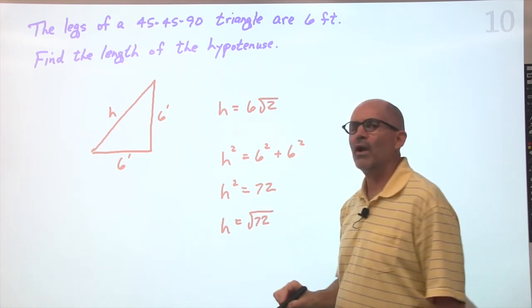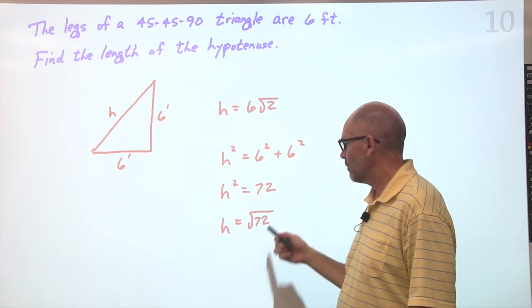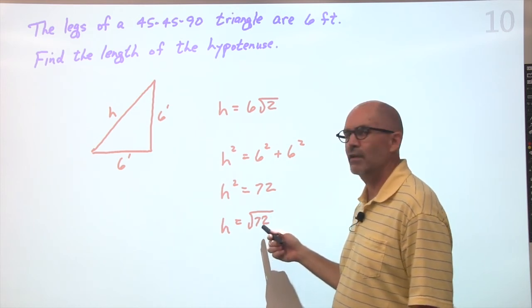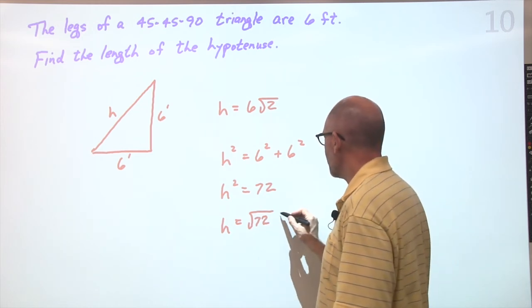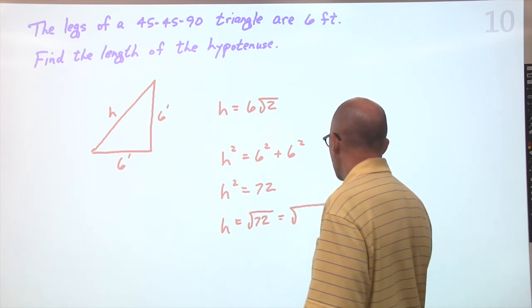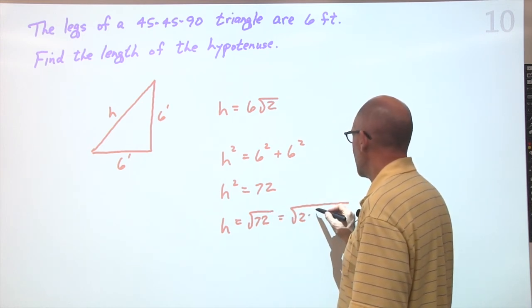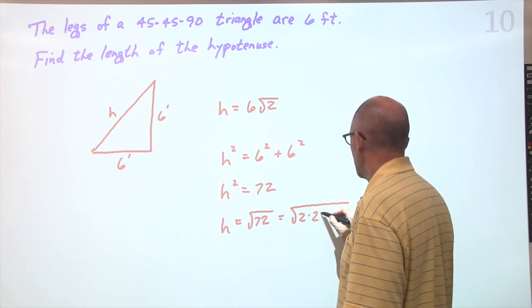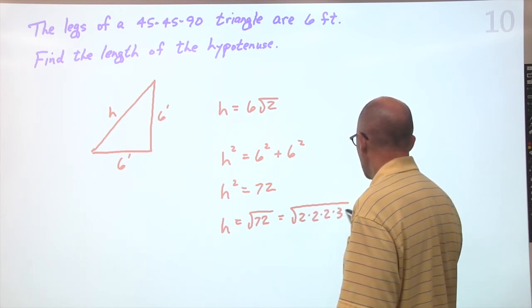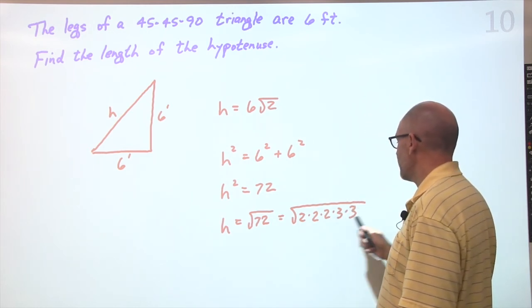But we are not like the godless heathen who leave perfect squares under the radical. So 72 equals 2 times 36, which is 2 times 2 times 3 times 3. So there's our 72, 8 times 9.